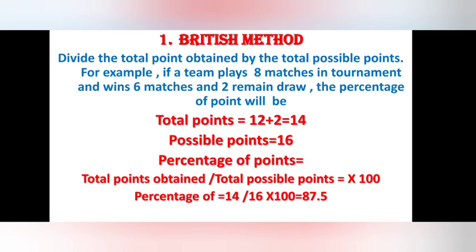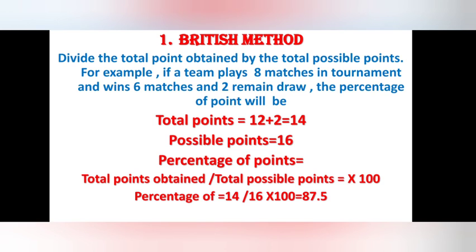So we use a formula. The formula is: percentage of points is equal to total points obtained upon total possible points, into 100. Okay class, using this example, the percentage of points is 14 upon 16 into 100, which is equal to 87.5.